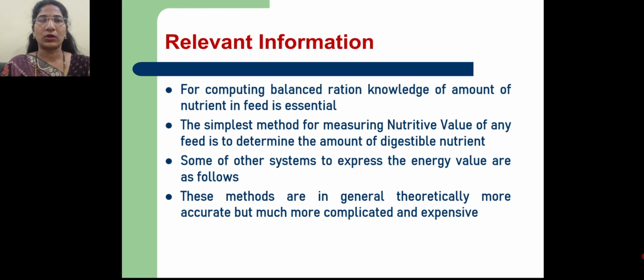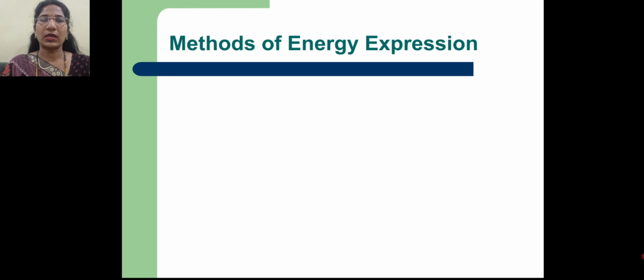Some other systems can express the energy value. These methods are generally theoretically more accurate but sometimes much more complicated, and they can be expensive for the farmers. So which are the different methods that can be used for energy expression?